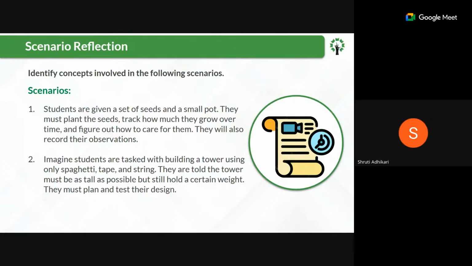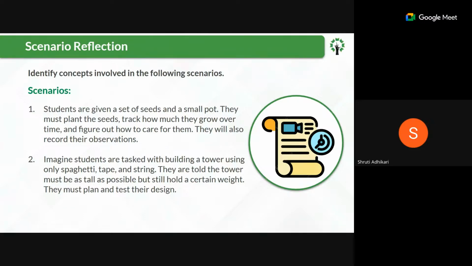That also can be done because they are tracking how much they grow. Multisensory learning. Organizing the things. That can also be there.